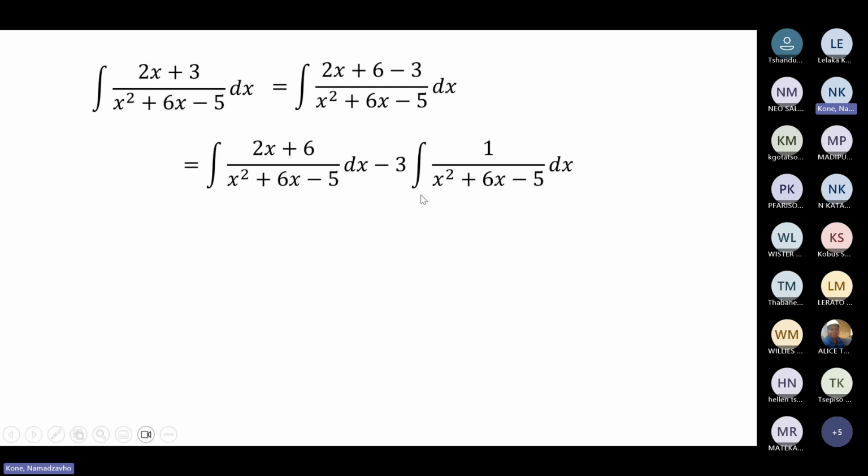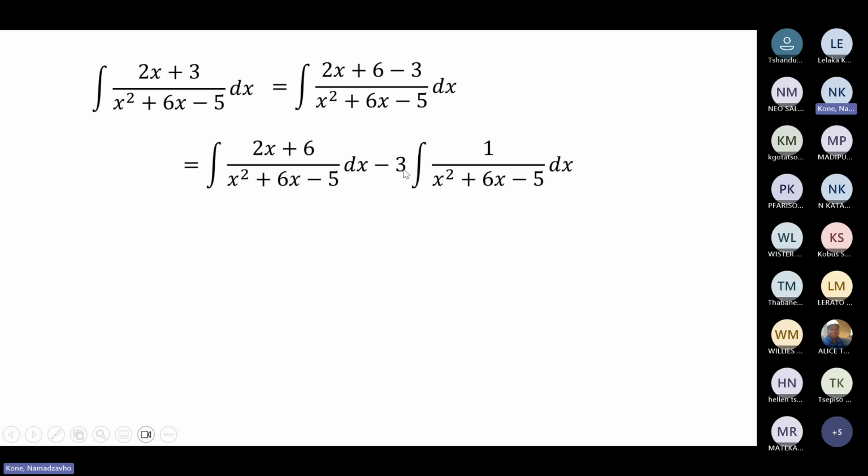Now, let me explain this situation. It says we've got this 2x plus 6 divided by this denominator, which is that part, minus this divided by the very same denominator, which is represented by this part. What I just did is to take the minus 3, which was supposed to be sitting here, outside, because it has got nothing to do with what we will do here.